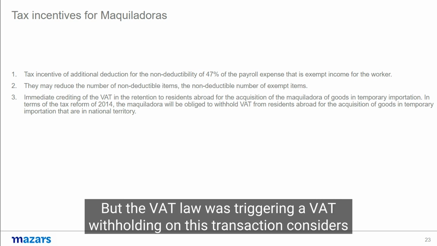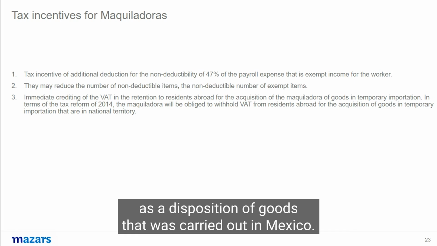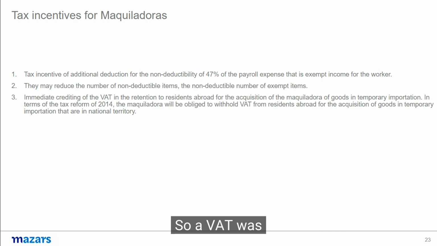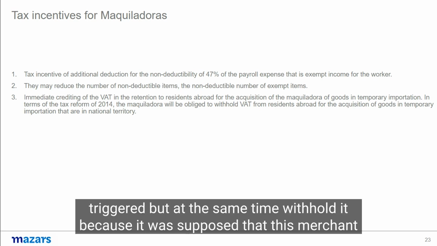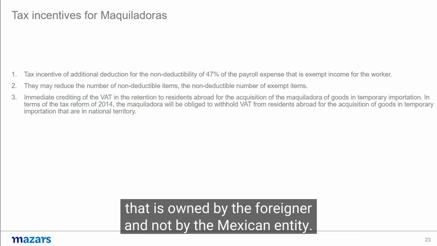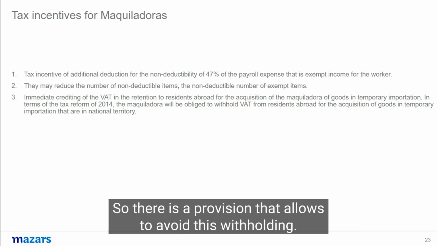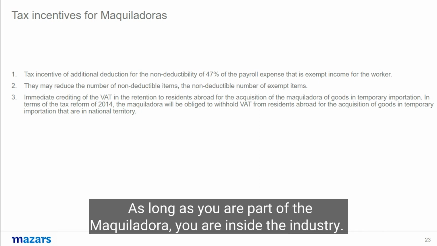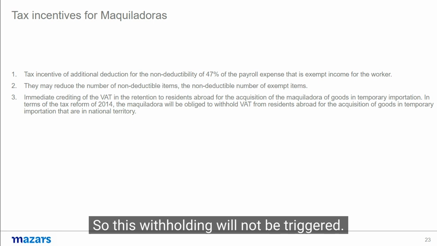But the VAT law was triggering a VAT withholding on this transaction, considered a disposition of goods carried out in Mexico. So VAT was triggered but at the same time withheld, because it was supposed that this merchandise is owned by the foreigner and not by the Mexican entity. There is a provision that allows you to avoid this withholding as long as you are part of the maquiladora industry, so this withholding will not be triggered.